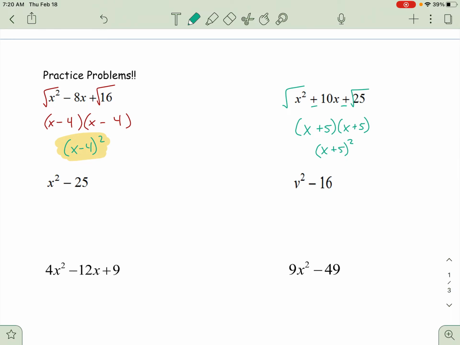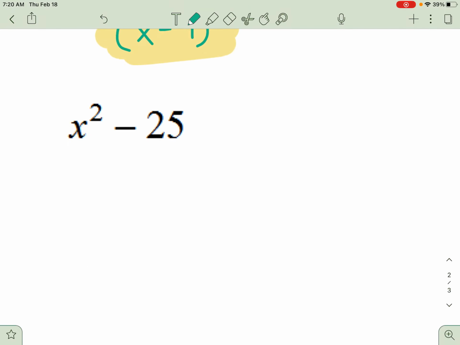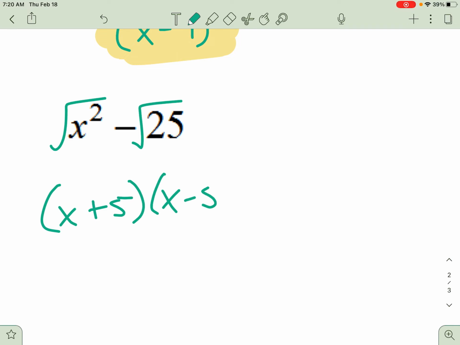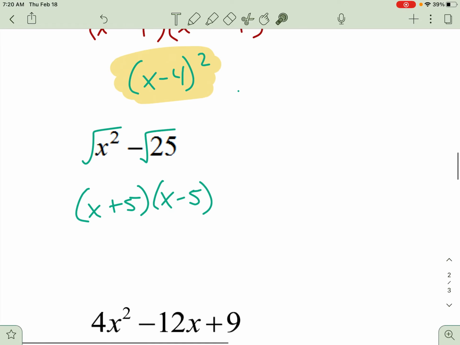Okay, these next ones are difference of squares, which means they have to have opposite signs because the middle term has to cancel out. So you would have x plus 5 and x minus 5. Okay, because 5 times 5 gives you 25, and the negative times a positive gives you negative, and then the negative plus a positive would cancel it out. So our solution there is x plus 5, x minus 5.